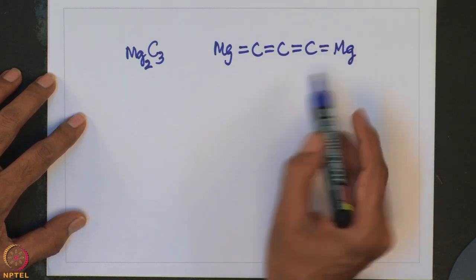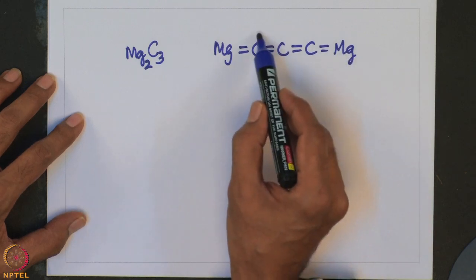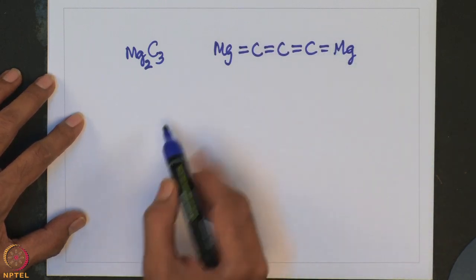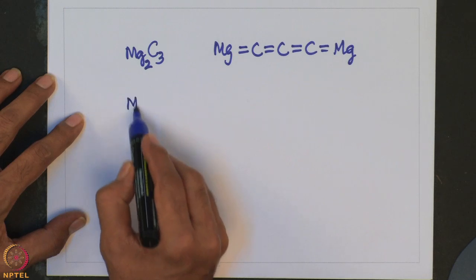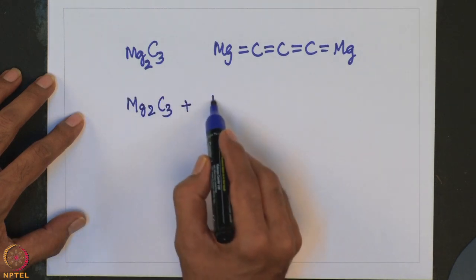Now if you see, the valency of all of them are balanced, this 2 plus, this 2 plus, all are 4 minus. So, it is taken care. So, now let me write like this here, Mg2C3 plus water.